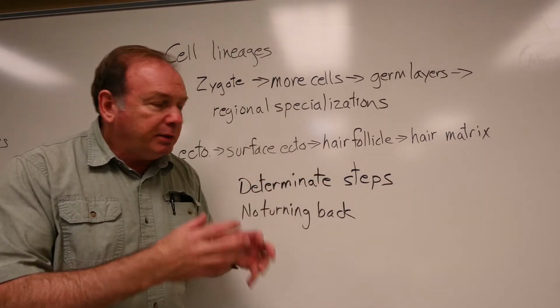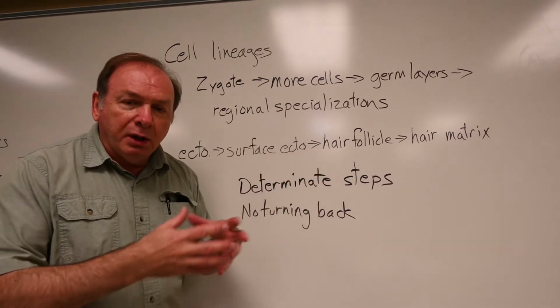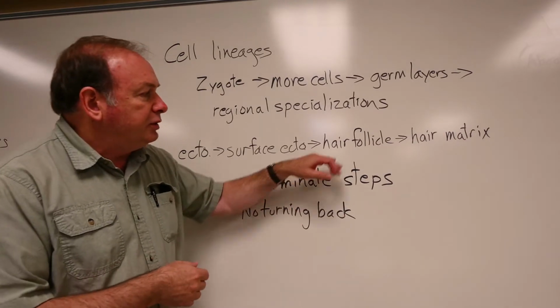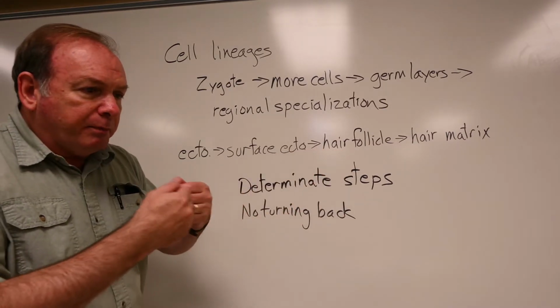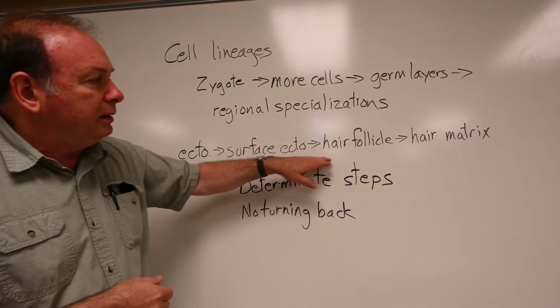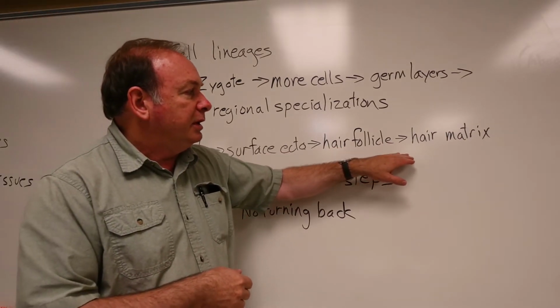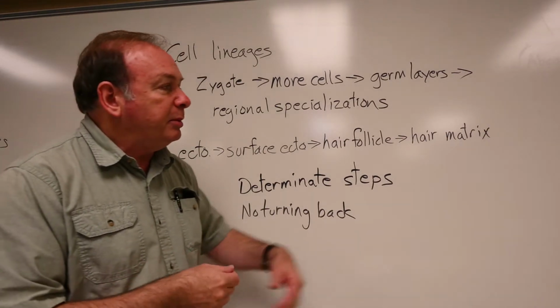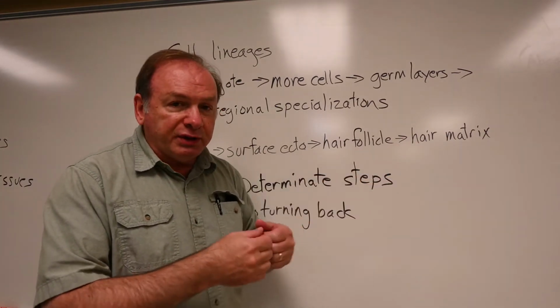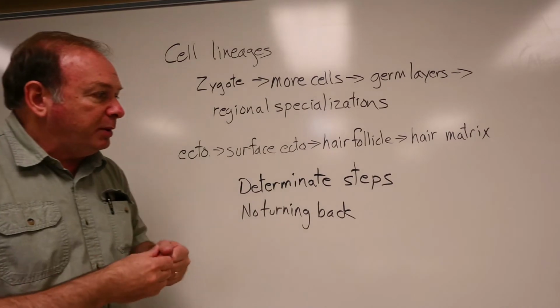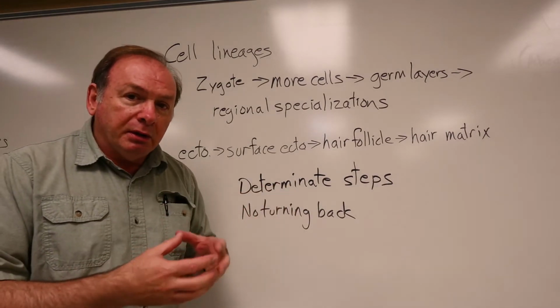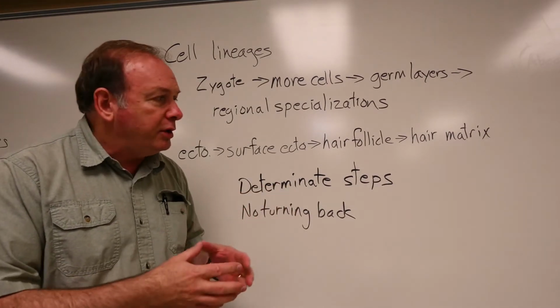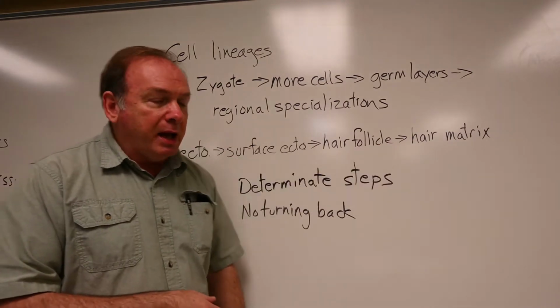These cells of the ectoderm started to change in such a way that they started the root of the hair follicle going into the dermis, and then some change within some of those cells caused them to become hair matrix cells. Some genetic change, a determinate step, a gene turned off or turned on, facilitated the behavior of that cell in that tissue.